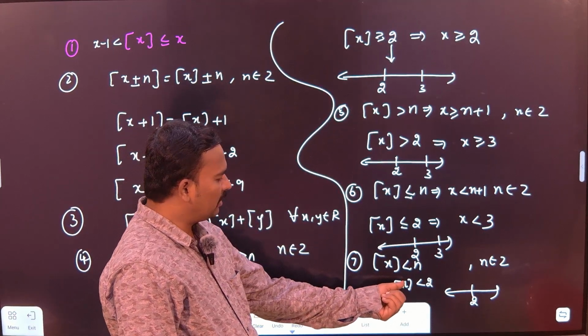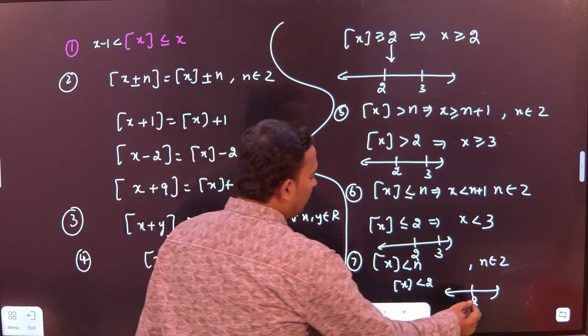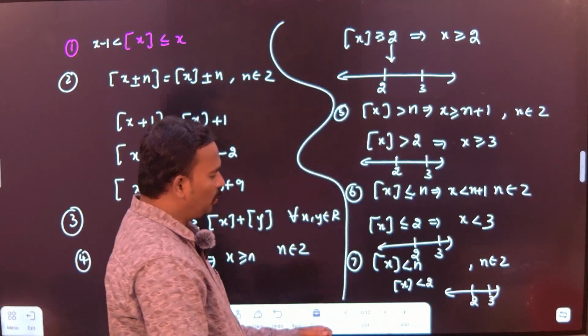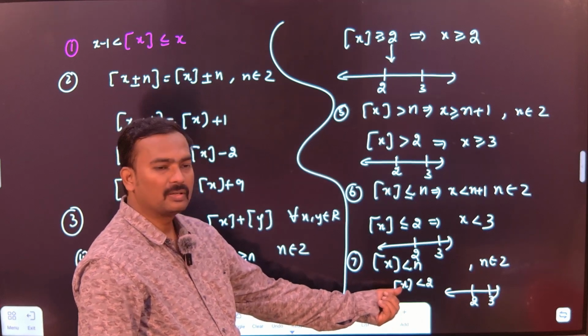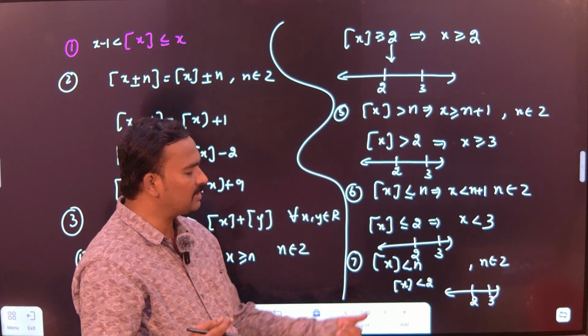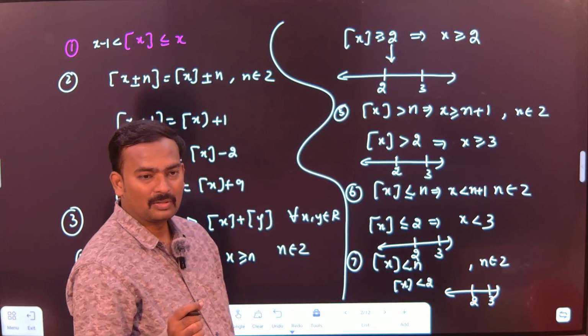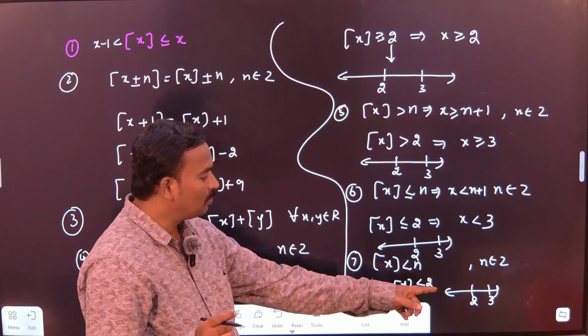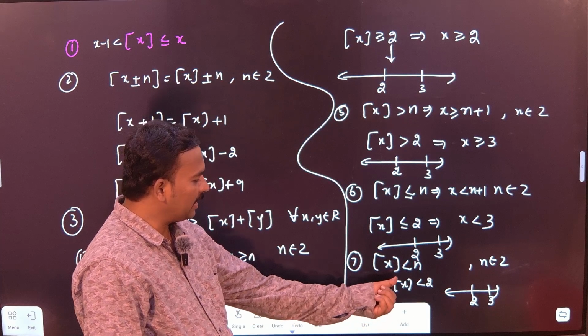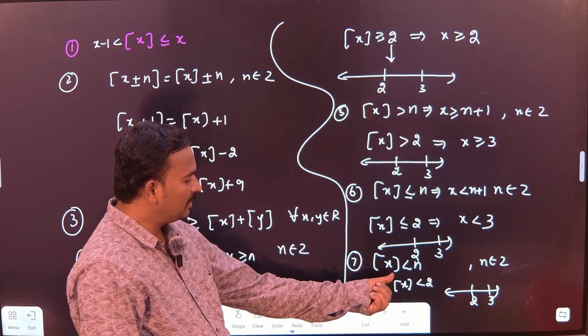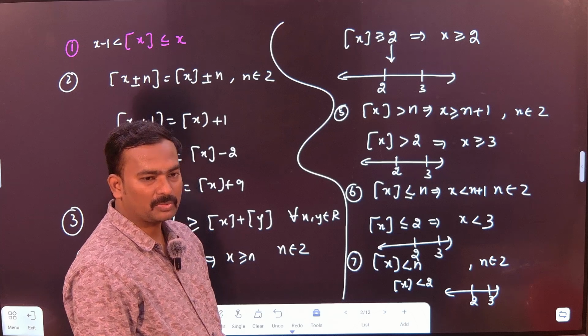But if you take between 2 and 3, say 2.5, the greatest integer is 2, and 2 is less than 2 is not possible. So you cannot take more than 2. That means x should be strictly less than 2 only.